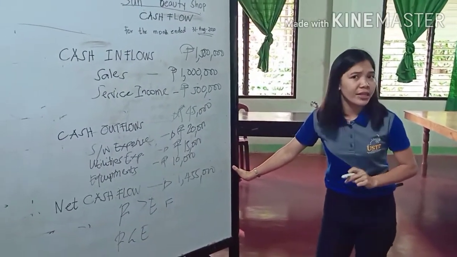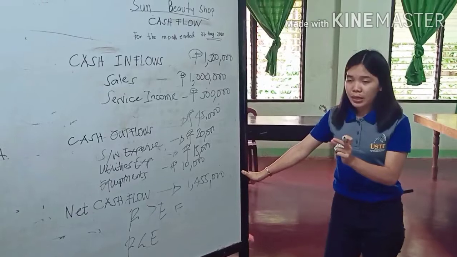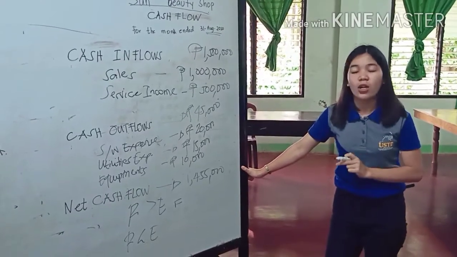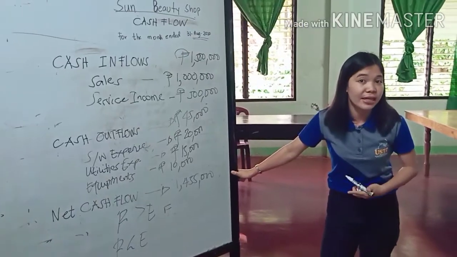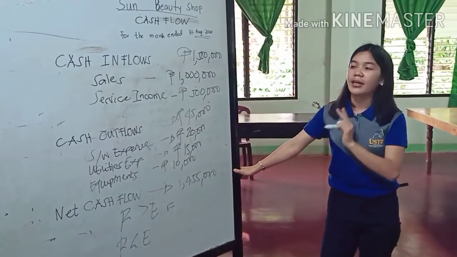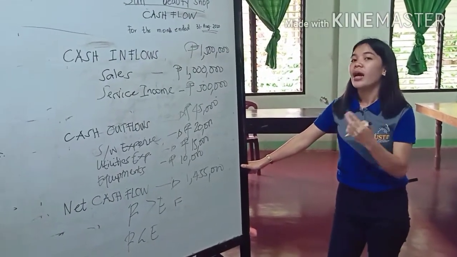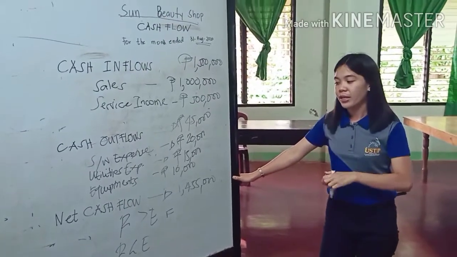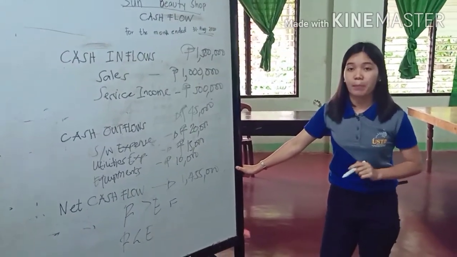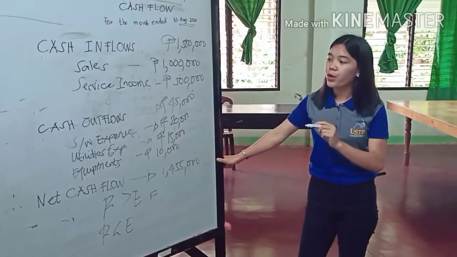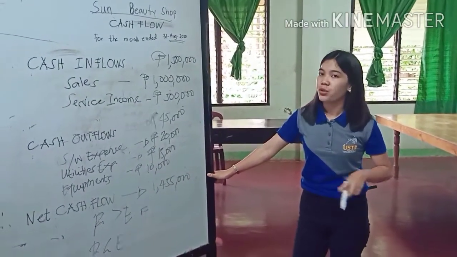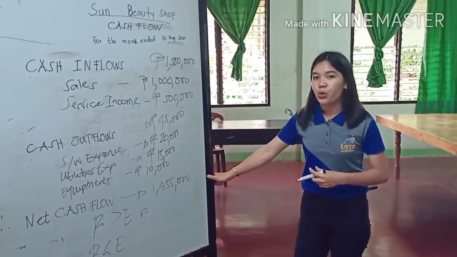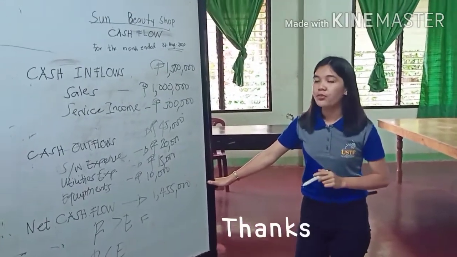But don't you worry, if your business has a loss in the first year, it is because you invested a lot in your business. In the preceding years, year 2, year 3, and so on, for sure you will have profit. And if your inflows and outflows are equal, that is break even. You don't have profit and you don't have loss as well. So that would be all for your cash flow.